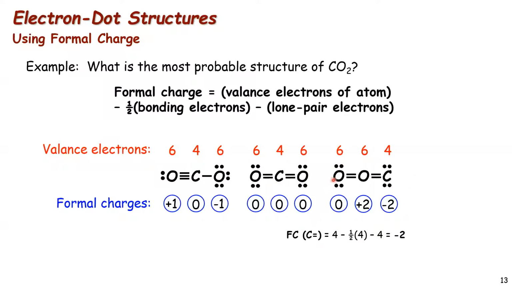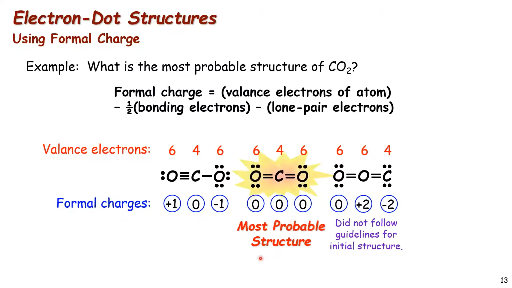So this structure we should have never chosen because we didn't follow the rules to begin with, okay? And the formal charges bear that out. We'll come back to that here in a second. Then we come over to here. Well, we fulfilled the octet for everything, but we have 2 non-zero charges, okay? We have 2 non-zero charges, and this structure has all 0 charges. So this is going to be our most probable structure.